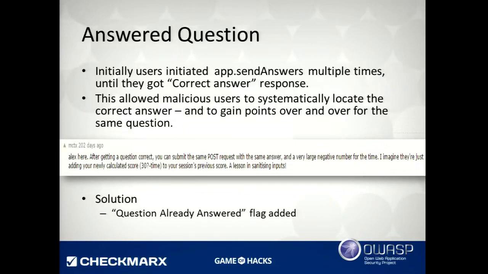So that allowed hackers to basically submit the same HTTP request over and over again and get their score run up. So a solution was to add a flag on the server to keep track of what's been already answered. And similarly, in the real application, keep track of where the client really is, or should be.